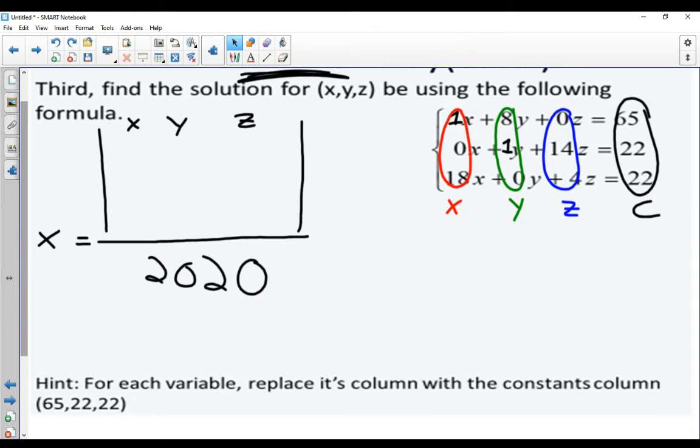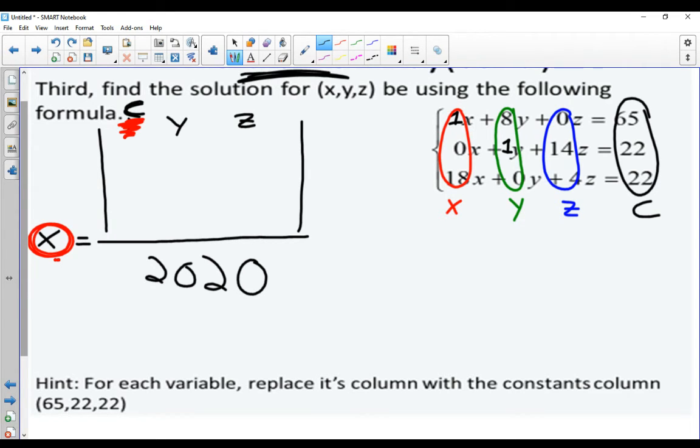Now, heads up. We're solving for x, which means I shouldn't have this x oval here. I already have an x here, so I don't need this one. So I'm going to have to put a different oval in its place. And the oval that's going to go in its place is the Cramer oval.